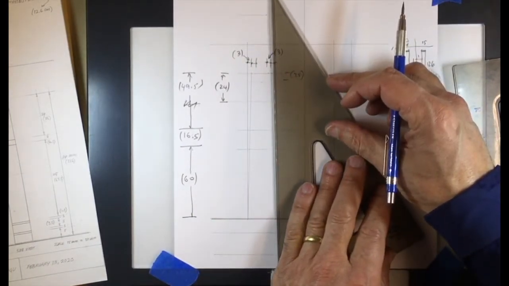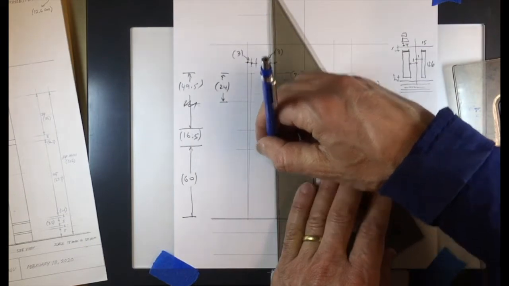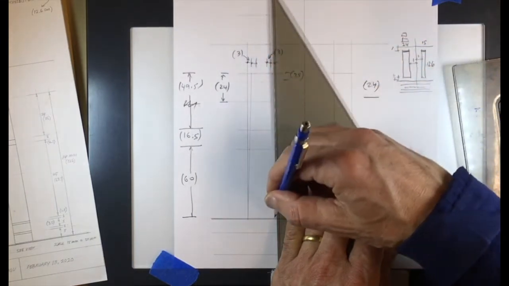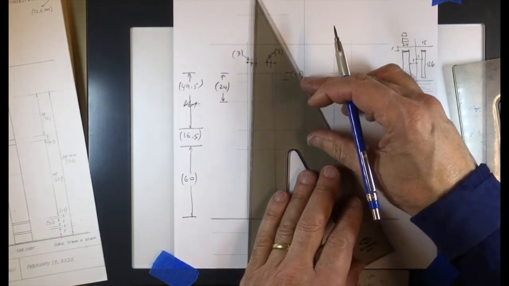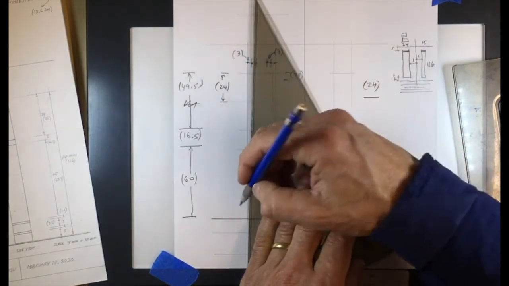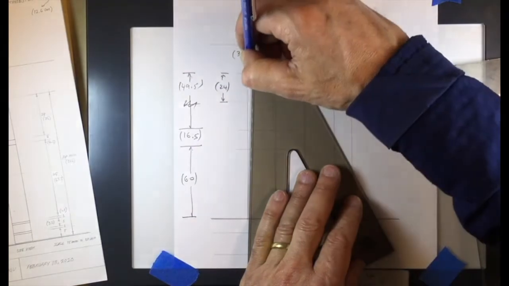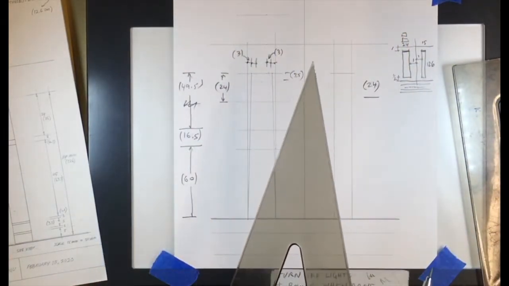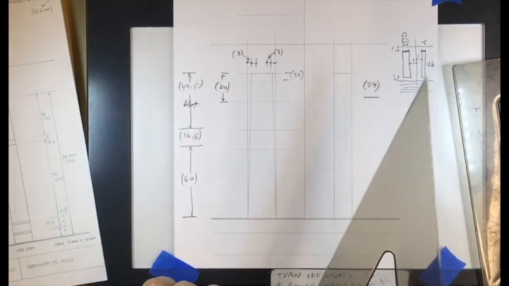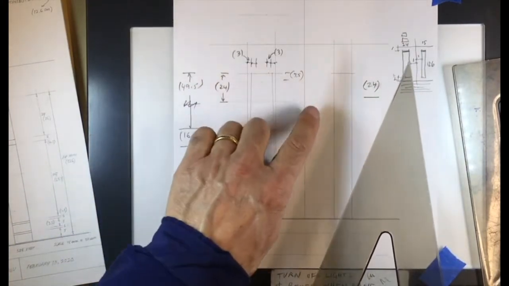I'm doing it fairly dark. Yeah, so now I can just also connect that spot, right? So again, it drops down 7.5.